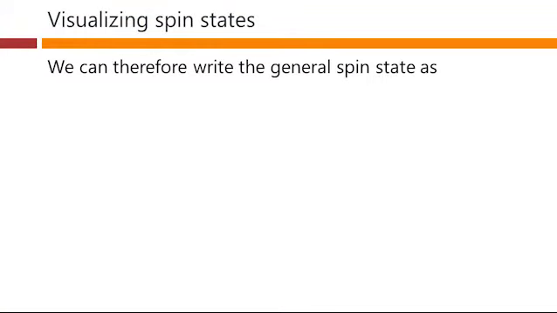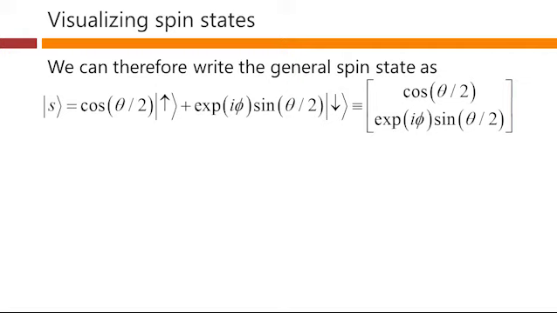We can therefore write the general spin state as some ket vector S, that is, some coefficient times spin up, plus some coefficient times spin down. Now, here we've chosen to write these coefficients as cos theta over 2 and e to the i phi sine theta over 2. We could write them in column vector form as follows.